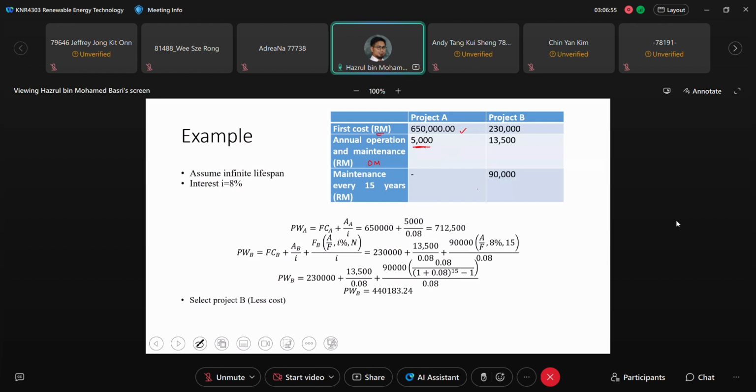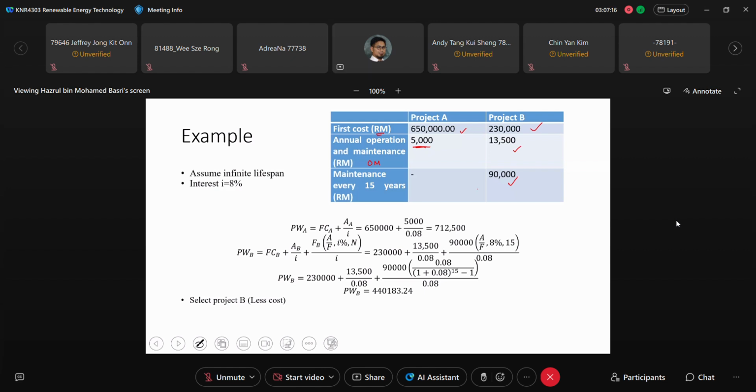For project B, the first cost would be 230,000 ringgit. Every year, we need to spend 13.5 thousand ringgit for operation and maintenance. But every 15 years, we need to spend 90,000 ringgit for maintenance.